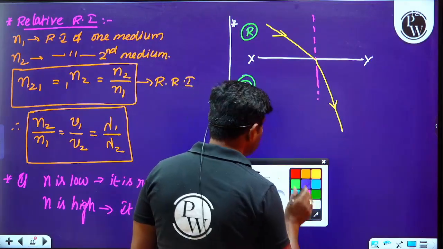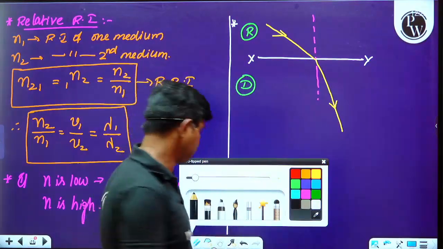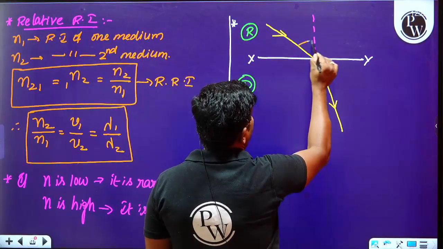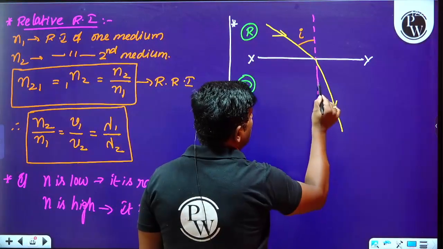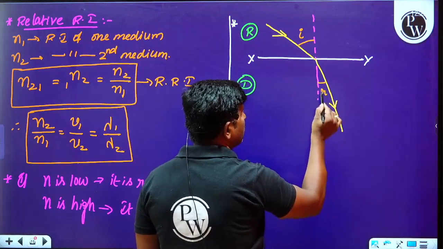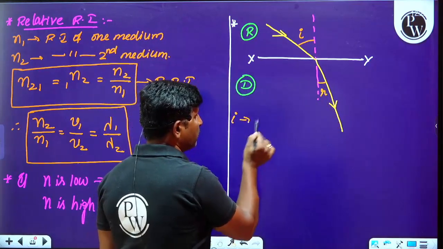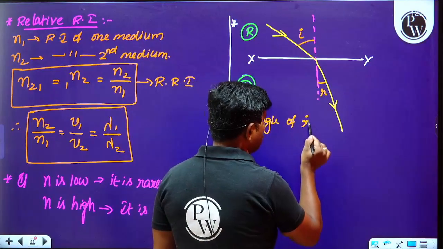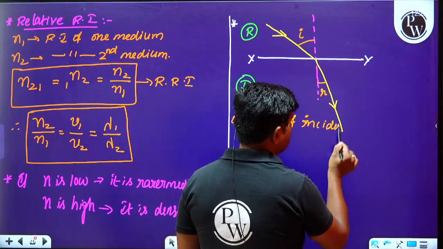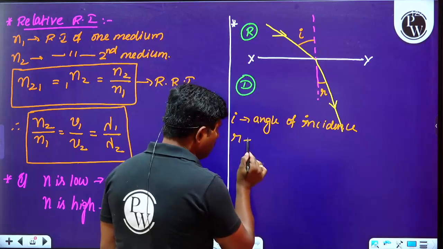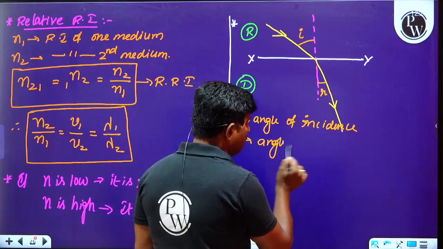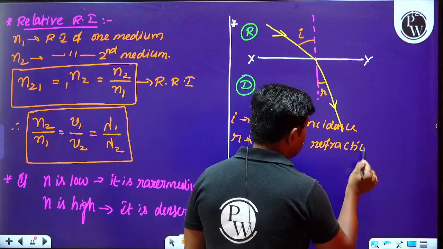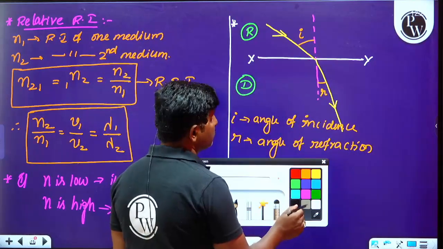Is it clear? That is the point we have to keep in our mind. Let i be the angle of incidence and r be the angle of refraction. So i is called the angle of incidence, and r is called the angle of refraction.